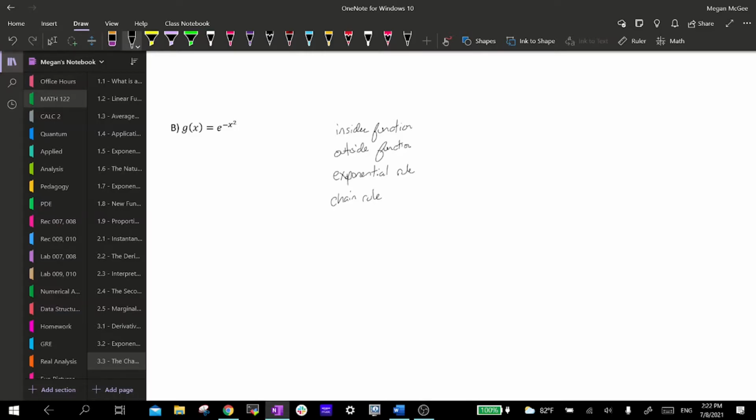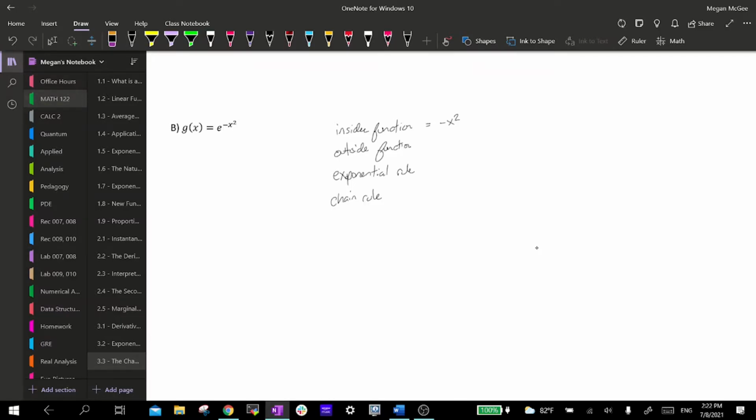All right, and then the inside and outside functions associated with the chain rule. Okay, so like I said, might not be immediate to find the inside function here, but our inside function is actually going to be our negative x squared. So it's what we have in our exponent. Okay?